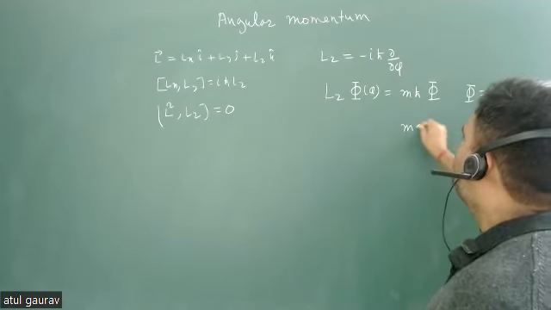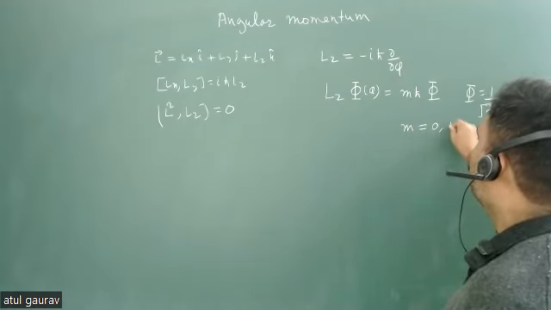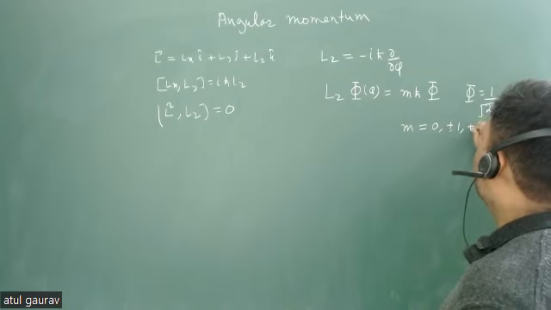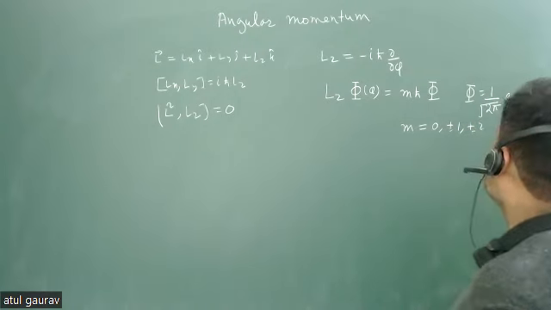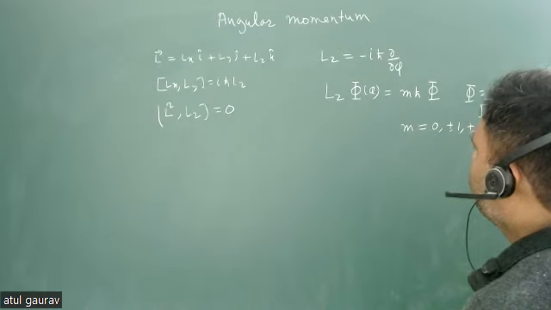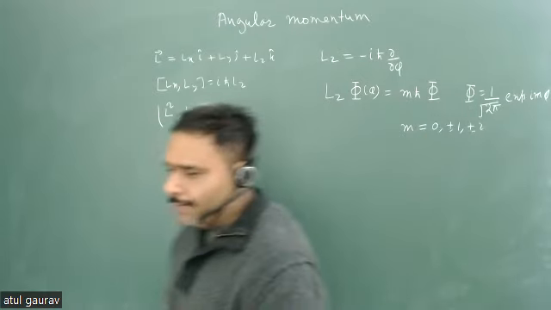The value of m is very interesting, that is 0, plus minus 1, plus minus 2 and so on. So this thing we have learned.